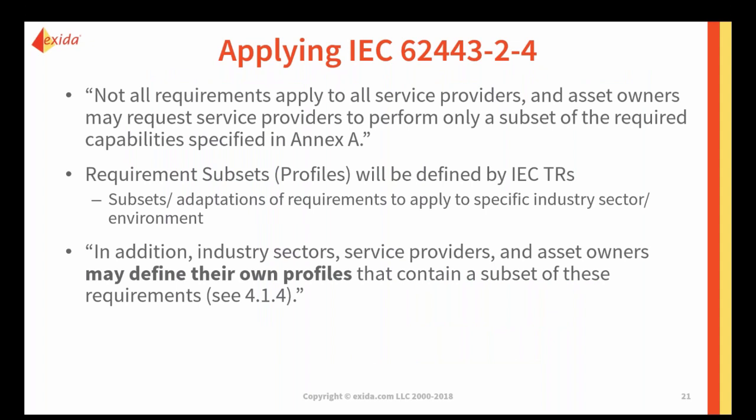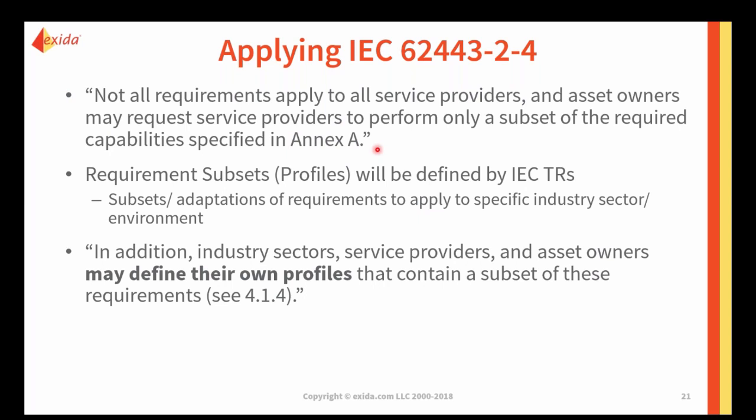The real key piece of the 2-4 standard to understand when applying it is that it allows you to define a specific requirement subset or profile and then focus on meeting those portions of the standard. The reason behind that is that they understand that not all of the requirements are going to apply to all service providers and asset owners, and depending on what the asset owner wants, they can request just a specific subset of the required capabilities, and then specified Annex A is the portion of the standard where all of those requirements are listed.